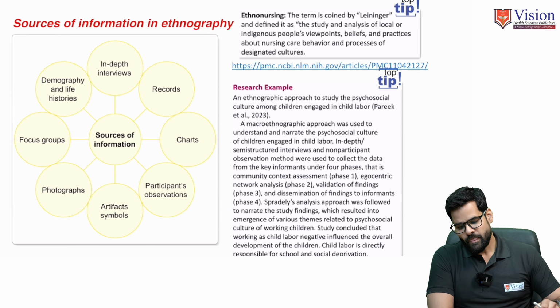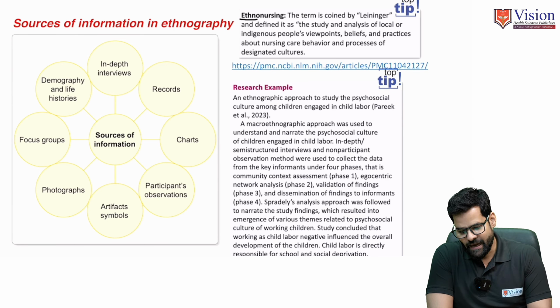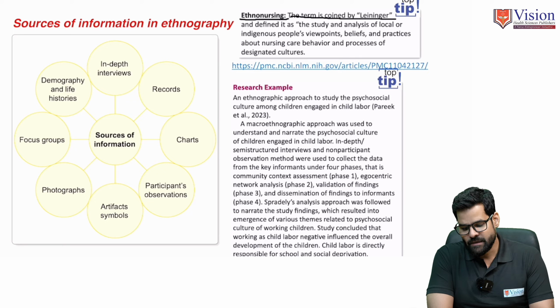Now there is another term you should understand: ethno-nursing. The term was coined by Leininger, and it is defined as the study and analysis of local indigenous people's viewpoints, beliefs and practices about nursing care behavior and processes of a designated culture.